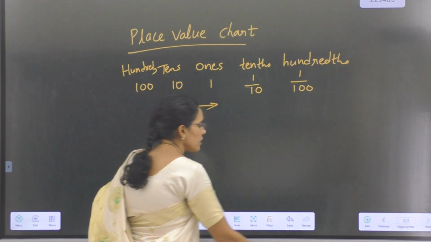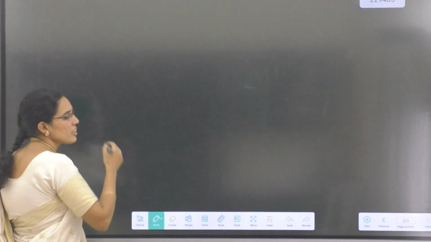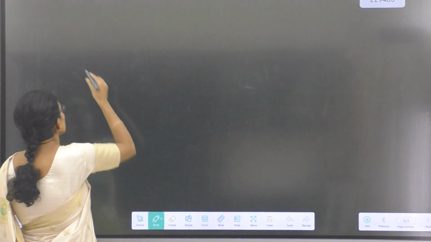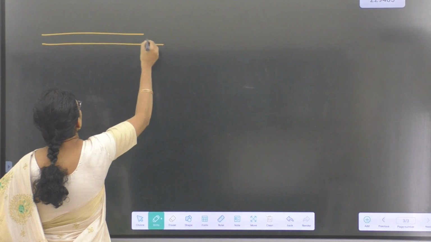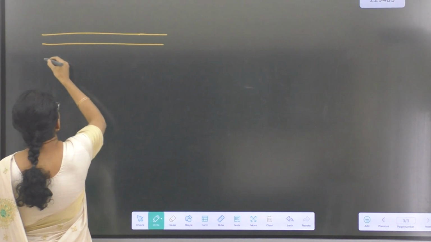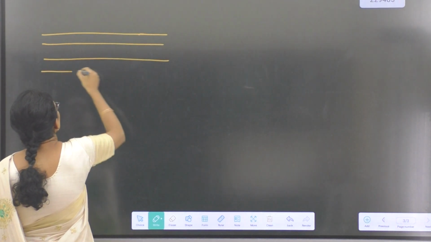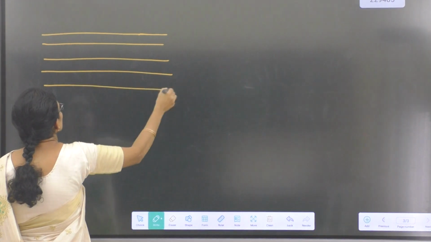Okay, let's see by taking some examples. Now imagine that I am taking 100 chocolate bars. We need 100 boxes.